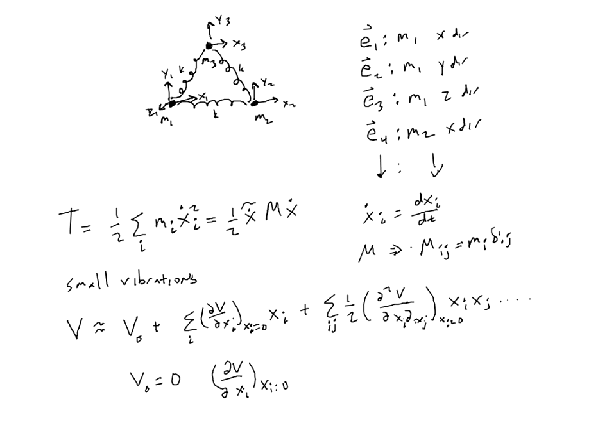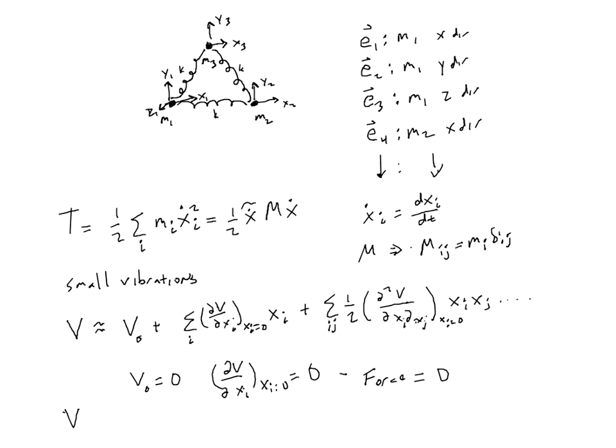The reason this is equal to 0 is because the force is equal to 0, and we know that the force is related to the position derivative of potential. So this is because force equals 0 when this thing is at the origin.